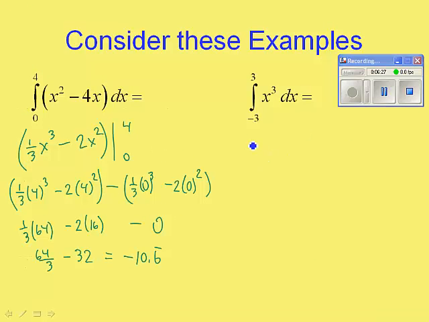Okay, so I'm going to help you working this out. When you integrate x cubed, what do you get? 1/4 x to the 4th. And you were evaluating from negative 3 to positive 3, right? So I get 1/4 of 3 to the 4th power, and I subtract 1/4 of -3 to the 4th power.